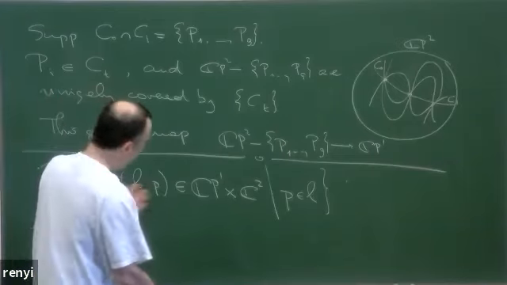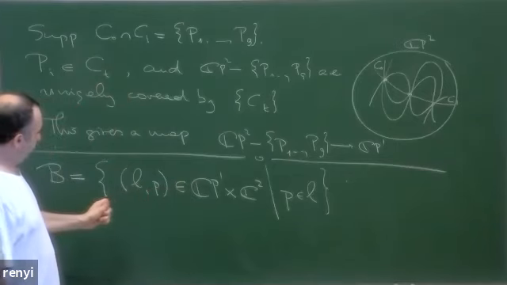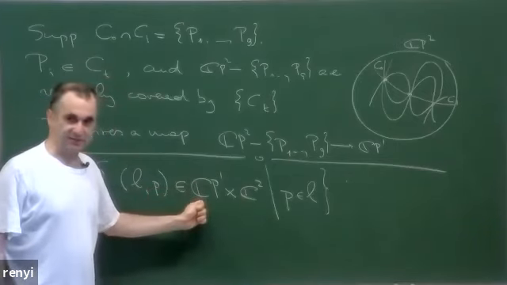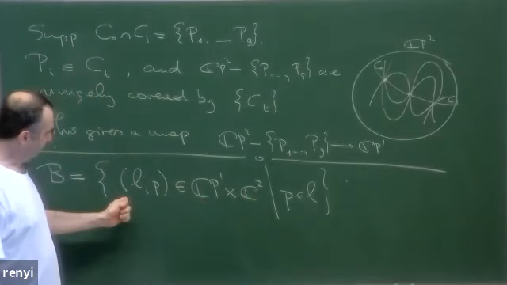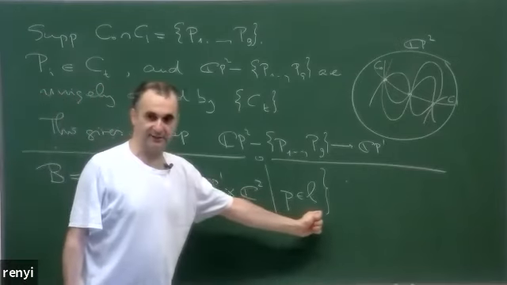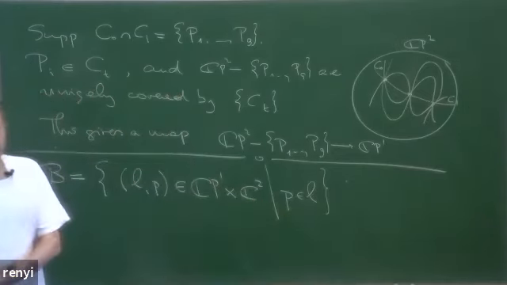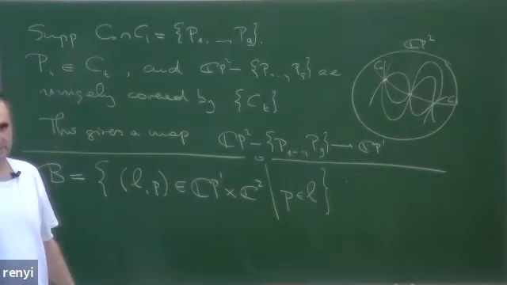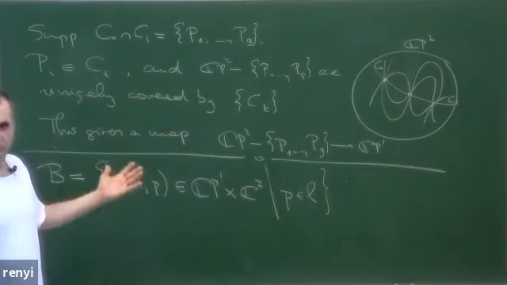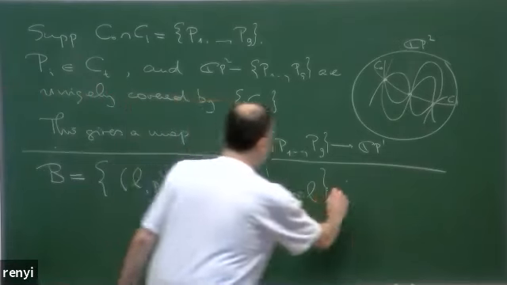Okay, so this, it's not very hard to see. This is a 3 complex dimensional space. And we take those pairs which satisfy this relation. So this cuts down 1 dimension. Roughly speaking, this is a 4-dimensional manifold, a 2 complex dimensional manifold.